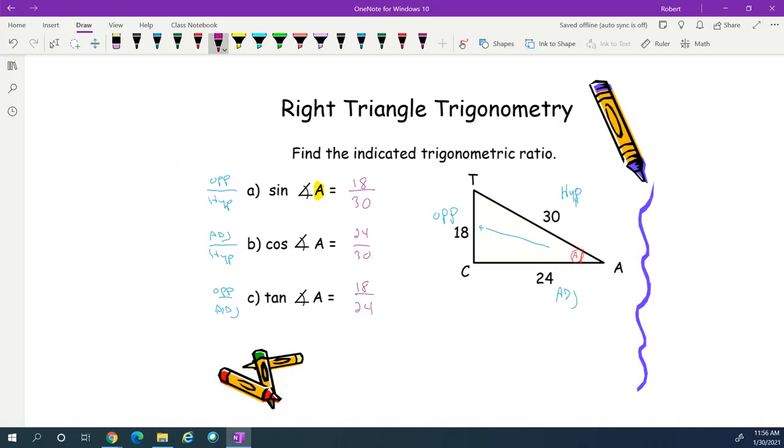Now again, all we want to do here is just get comfortable filling in the formula. Sine, angle equals opposite over hypotenuse. So in this case, we're using angle A. It might have been 53 degrees in a different question or 27 degrees.